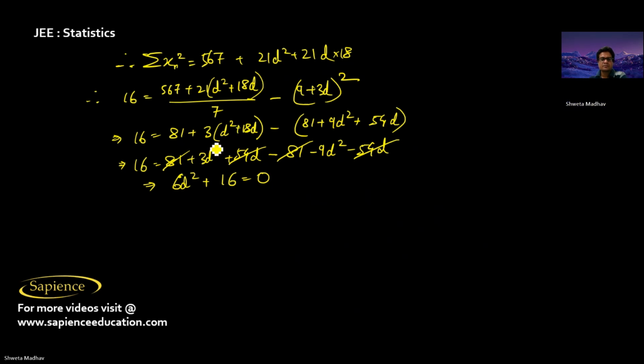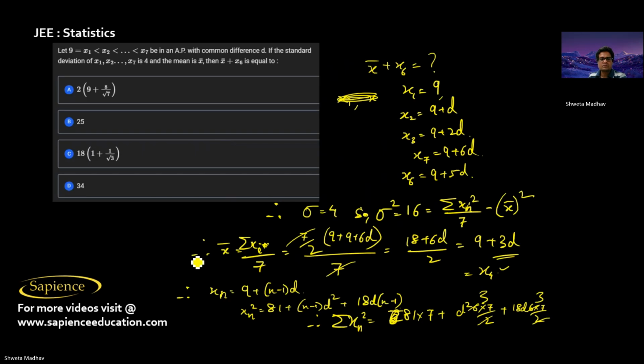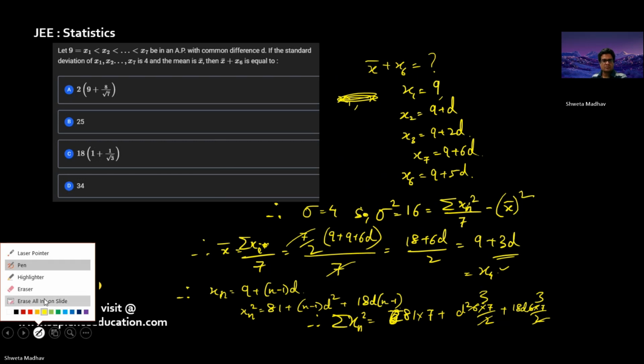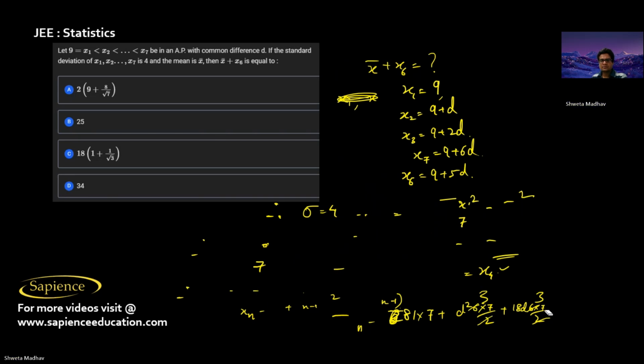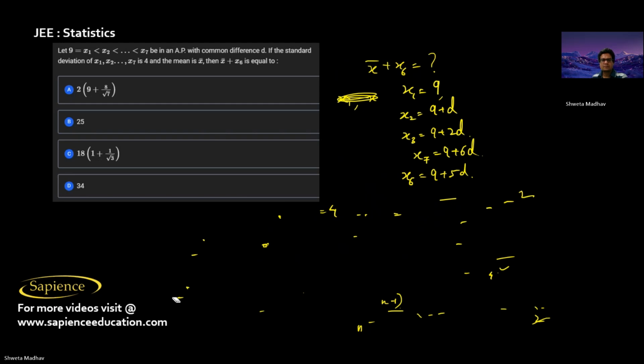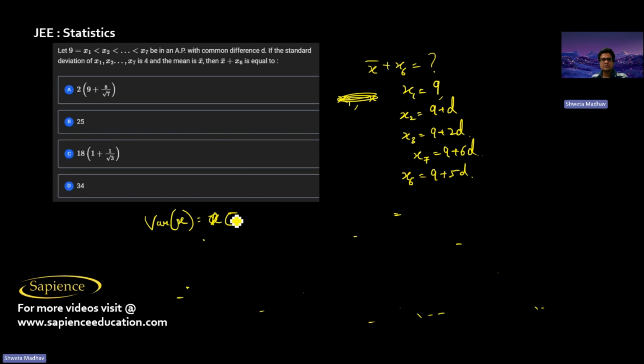So here, this one actually the variance can be written as variance of x, that can be written as sigma square, that is equal to 16 obviously, and that is equal to summation xi minus x bar whole square by 7.